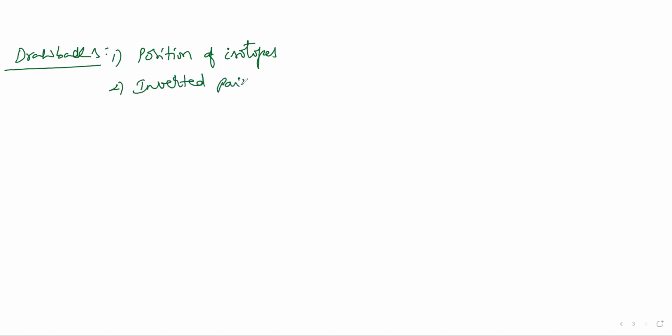Next, drawbacks. So what are the drawbacks in Mendeleev's periodic table? Position of isotopes. He could not accommodate isotopes in the periodic table, even though he considered elements are arranged in increasing order of atomic weights. Next, inverted pairs. What are inverted pairs?